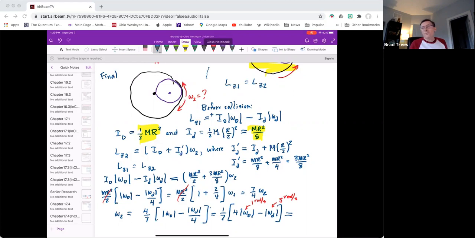The positive value for omega 2 corresponds to positive omega, counterclockwise rotation, and a negative value for omega 2 is clockwise. And when you put these numbers in, you get a positive result for omega 2, 0.143 radian per second. And so the positive result tells me that I have counterclockwise rotation.